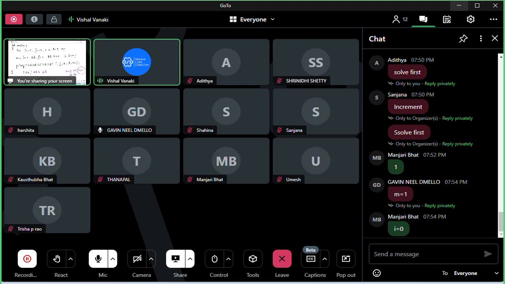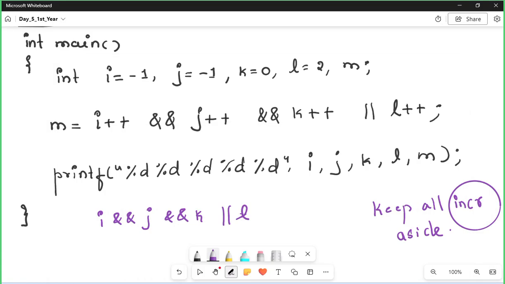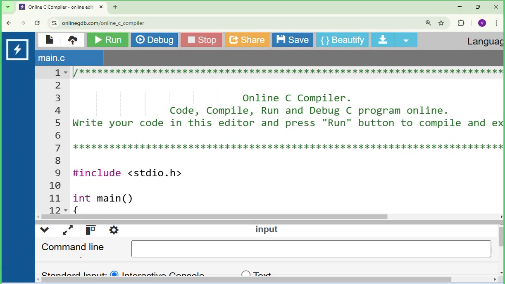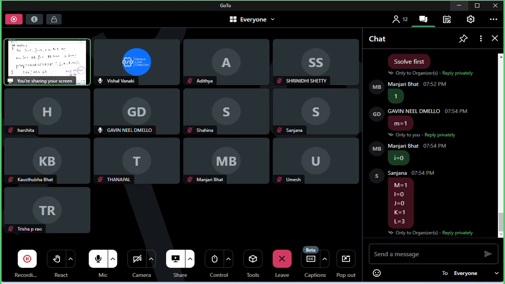Okay, I is equal to 0. Gavin got M is equal to 1. What happened? Are you able to solve or not? Please tell me if you are not able to solve. If you are finding it difficult, please message. I'll explain this. Yes, Sanjana, that's correct.